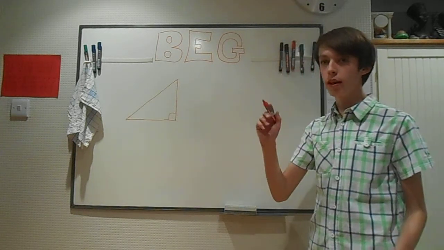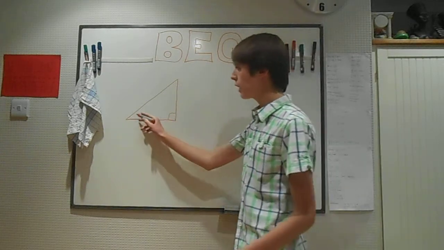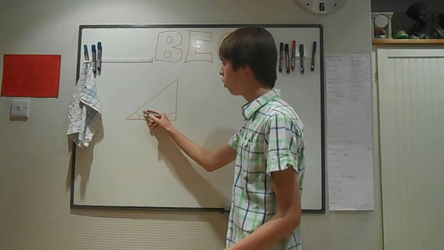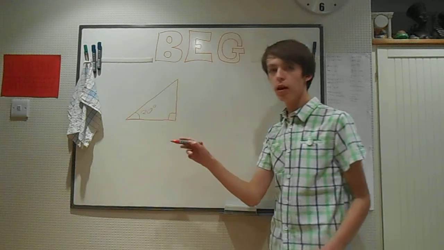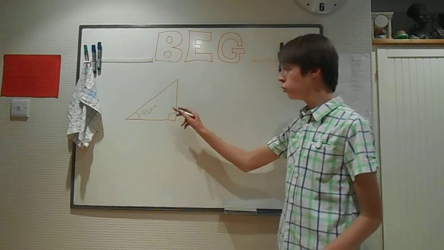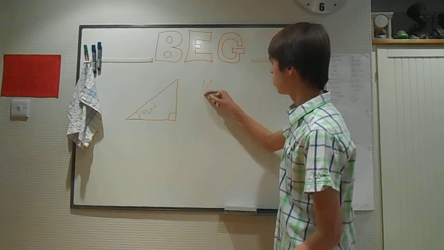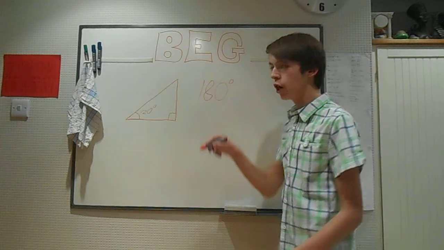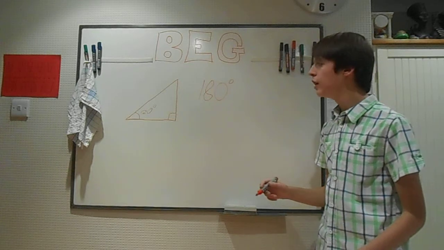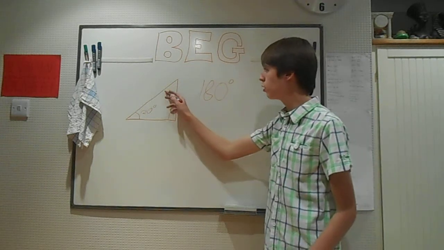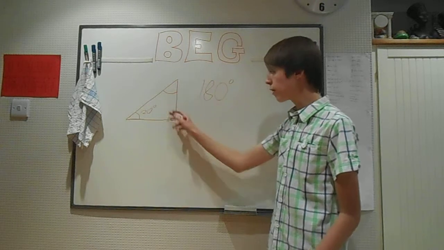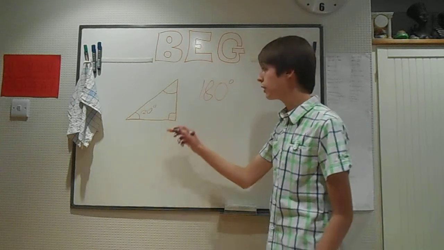To start with, let's say we had an angle here of 20 degrees. We know that there's 180 degrees in a triangle. That means that given any two angles, we can work out the third, because these three angles have to add up to 180 degrees.